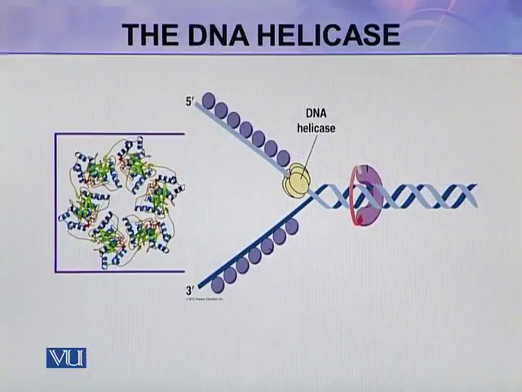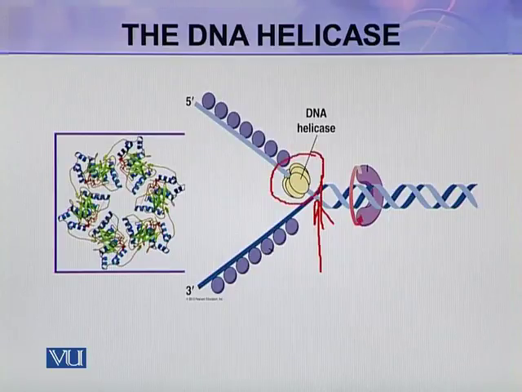Here in this diagram you can see the replication fork, and adjacent to this single-stranded double-stranded junction, this DNA helicase is present. See, it is only present on one of the two strands. It is not present on both the strands.